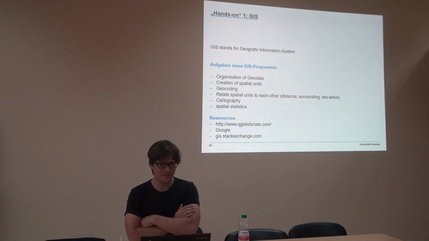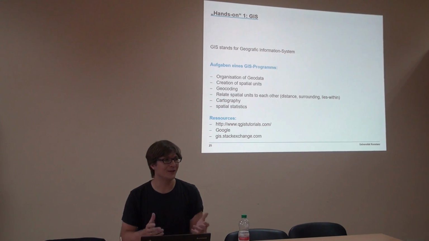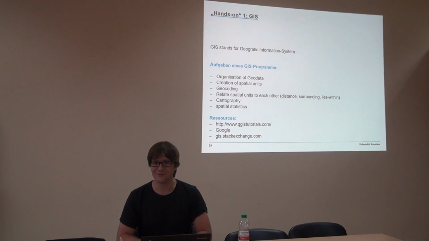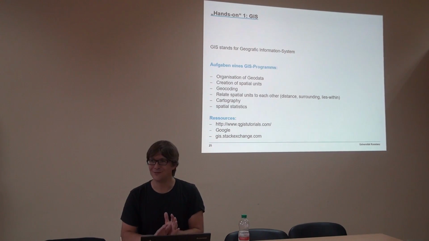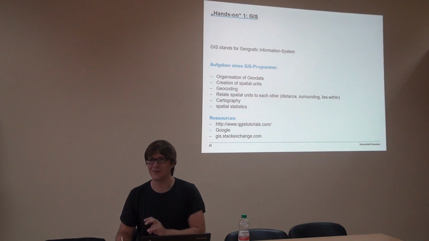These programs can do a lot of things, because they are used by geographers and cartographers and a lot of different subjects, and in social sciences we need only a very specific subset of what a geographic information system program can do, but spatial statistics is not something they can do best.